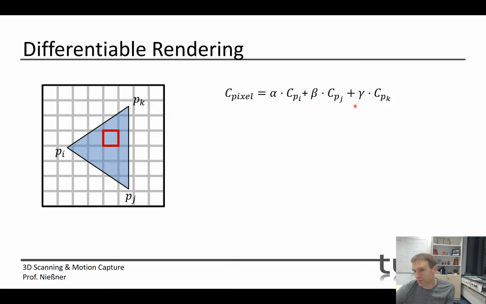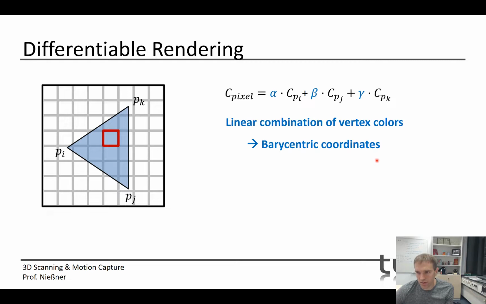And this is the formula. It's relatively straightforward, right? So we have three color values for the three vertices, C_pi, C_pj, and C_pk. And now we have three coefficients, alpha, beta, gamma, that figure out how to reweight these vertex colors in order to find the color for this one pixel. And this is a linear combination of vertex colors. And in practice, what the rasterizer does for you here, it does barycentric interpolation.